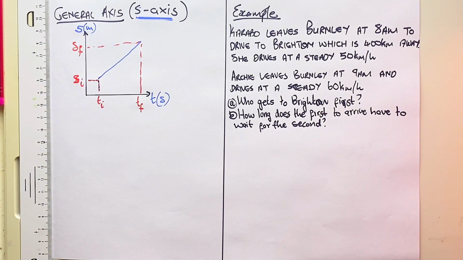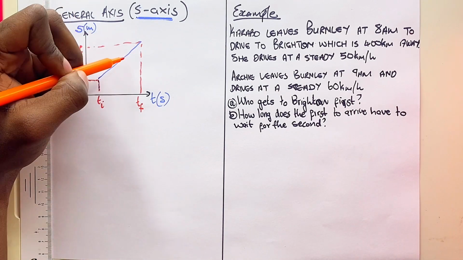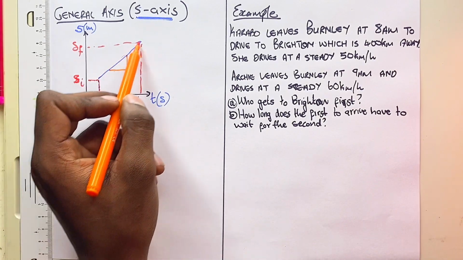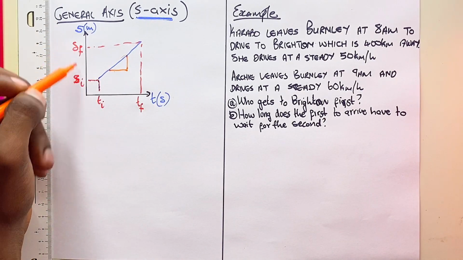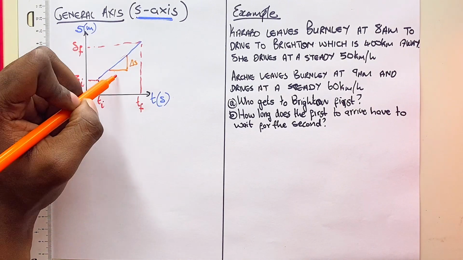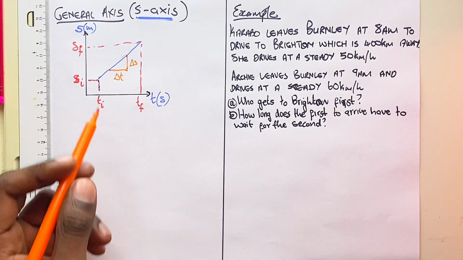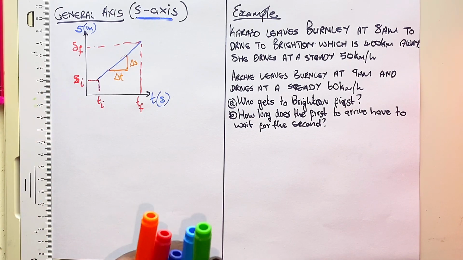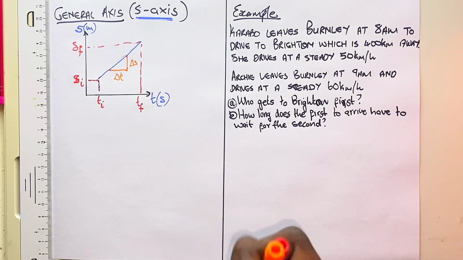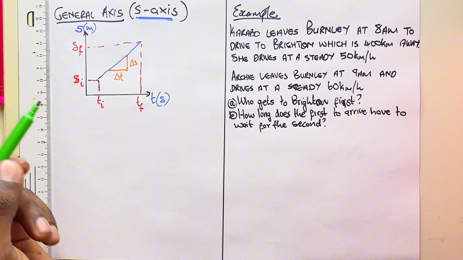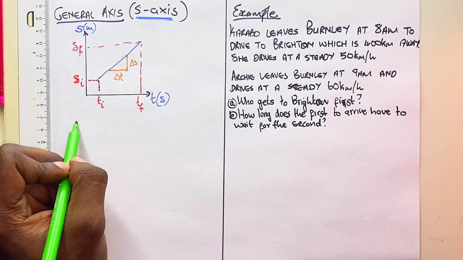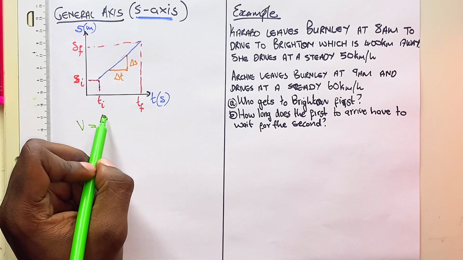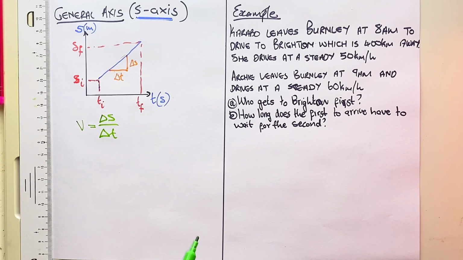Now we said earlier in the video that to find the velocity, we have to calculate the slope, which in this case is the change in s over the change in time interval. Let's write that down so that we can see how to represent it by an equation. To find the velocity, we need to find the change in s over a time interval.